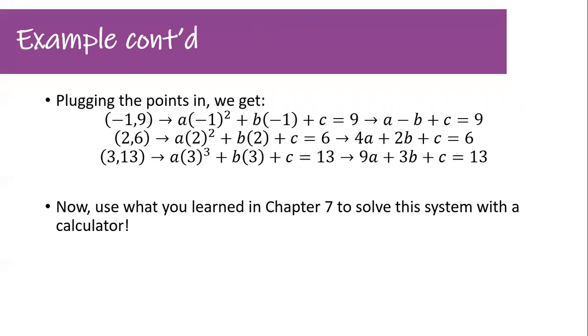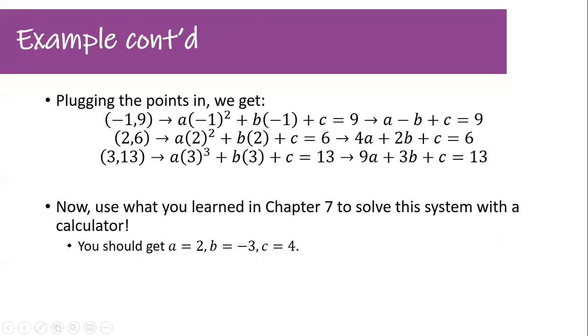So now you're going to use what you learned in Chapter 7 to solve this system with a calculator. I encourage you to use an augmented matrix approach and solve it using RREF, that reduced row echelon format. The final column that you get is going to be your answers for a, b, and c, respectively. When you do this, you should get a = 2, b = -3, and c = 4.